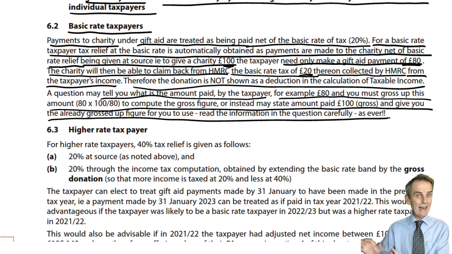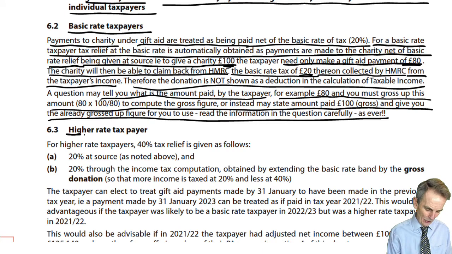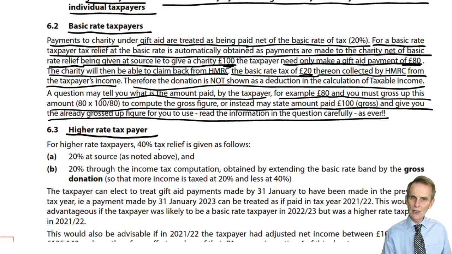It would already have been done with the basic rate relief given at source, and then HMRC handing over your £20 to your favourite charity. But we are going to have to understand the difference between your net payment of 80 and what the gross amount of that payment would be, the 80 plus the £20 tax, i.e.